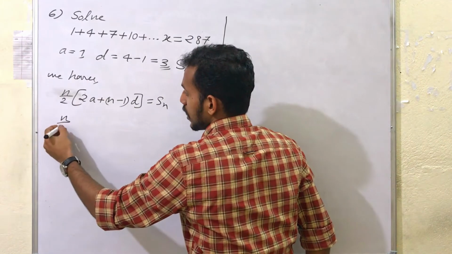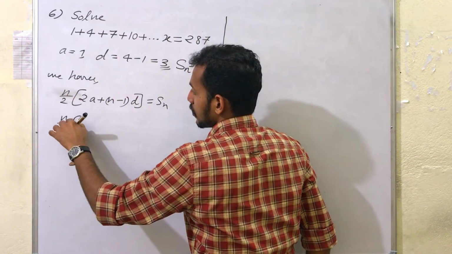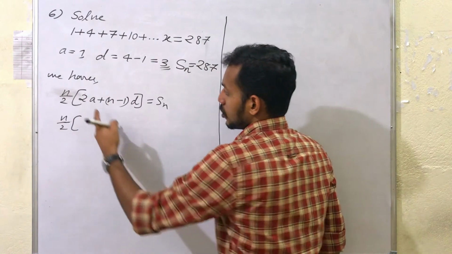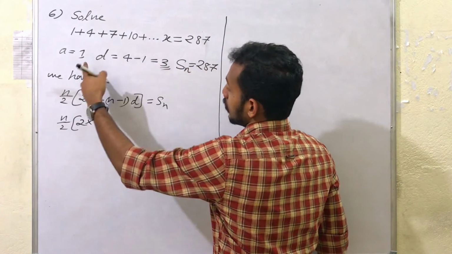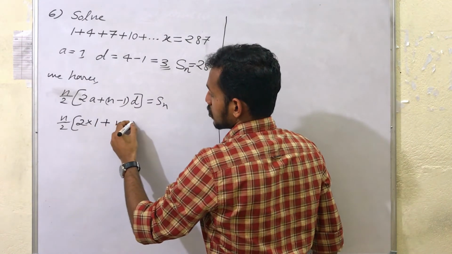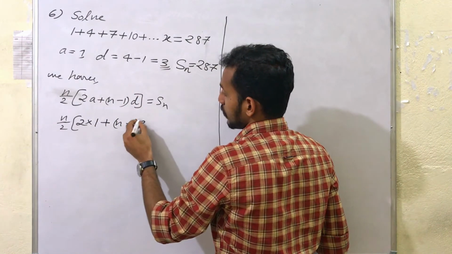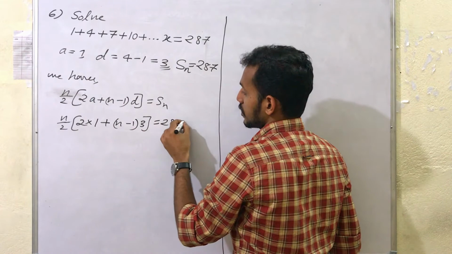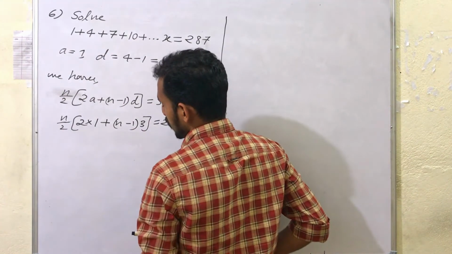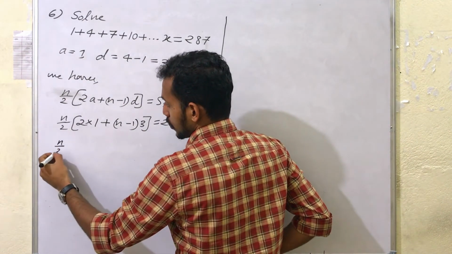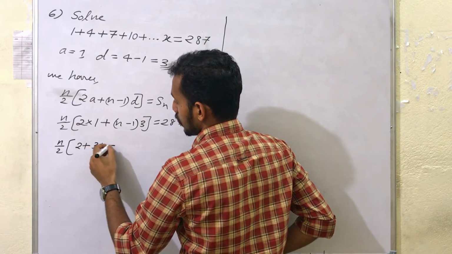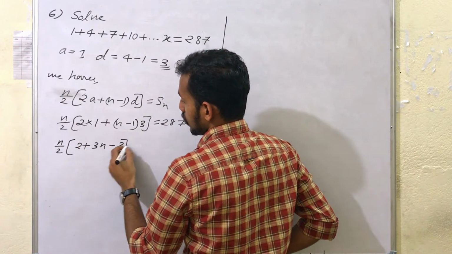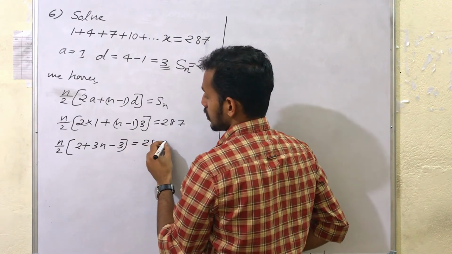Substitute those values: n by 2 into (2 into 1 plus (n minus 1) into 3) is equal to 287. Then n by 2 into (2 plus 3n minus 3) is equal to 287.